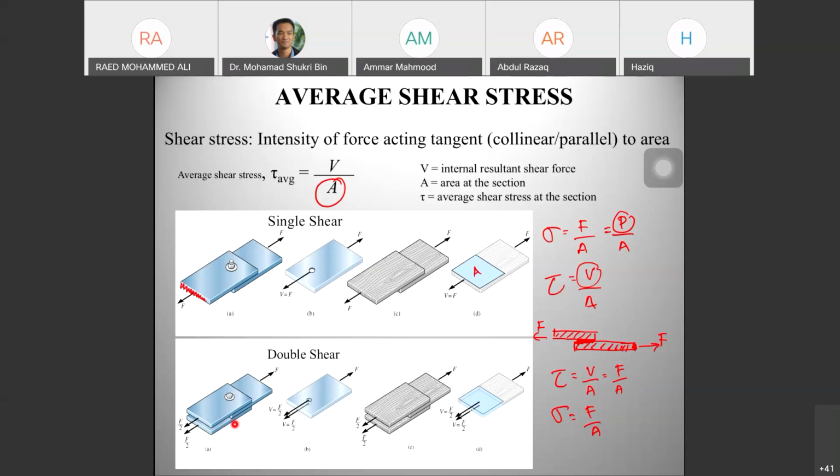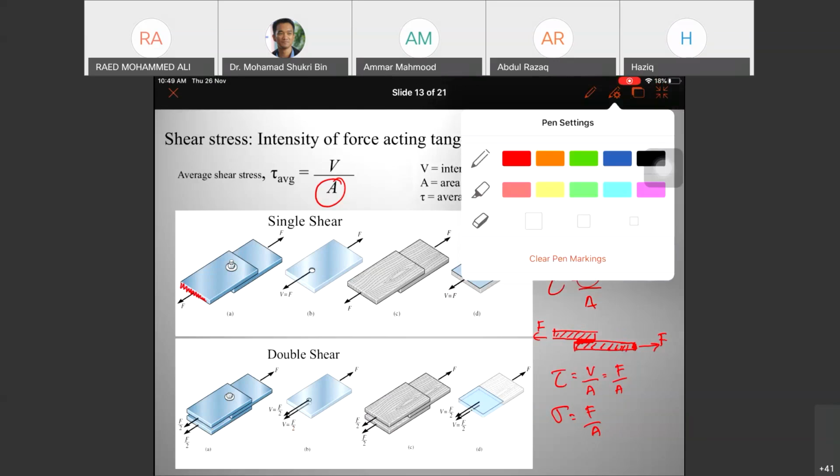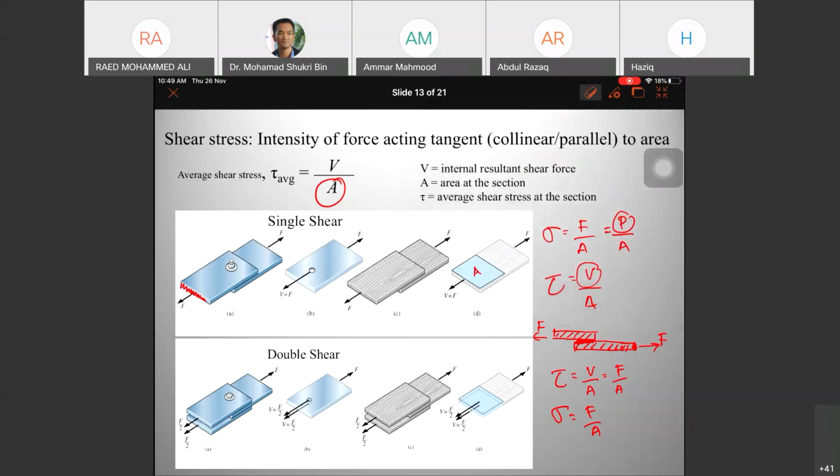So what is the value of tau? Long story short, for single shear you have tau equals V over A. For double shear, the formula is tau equals V over 2A.